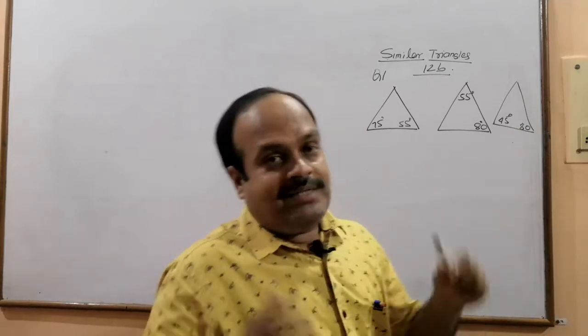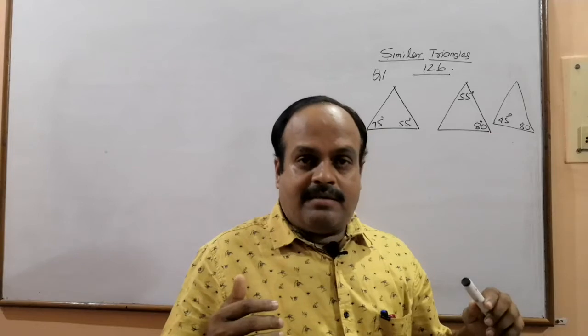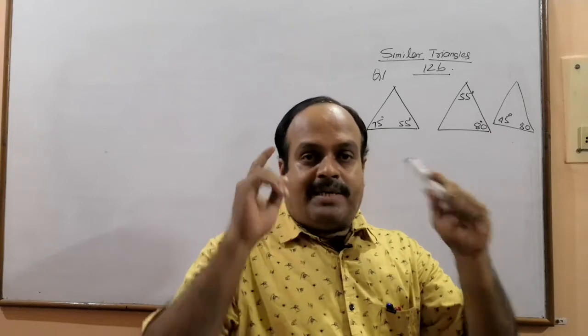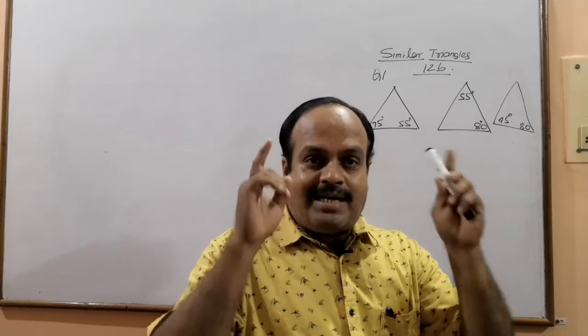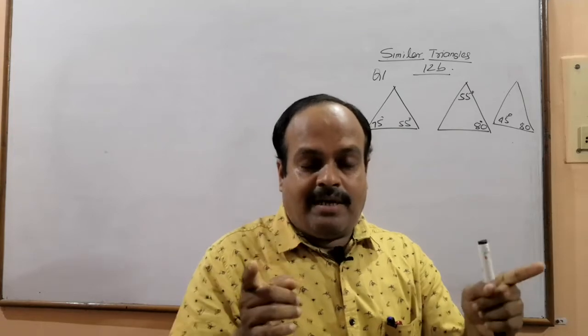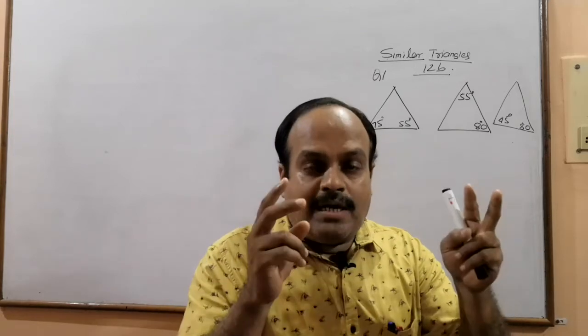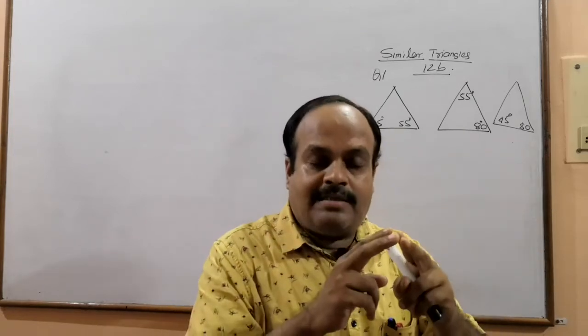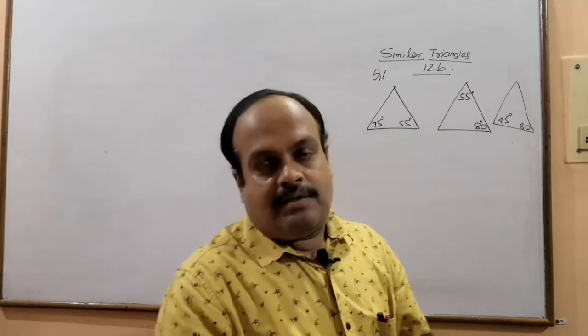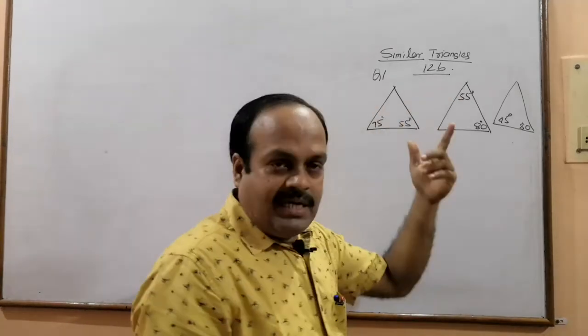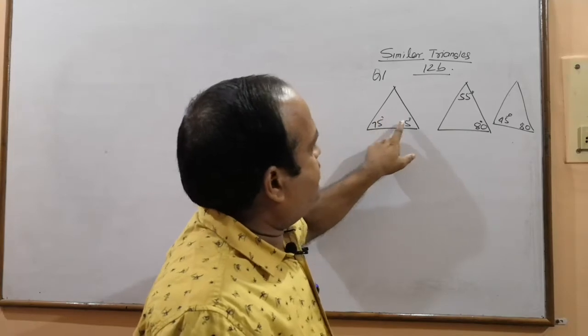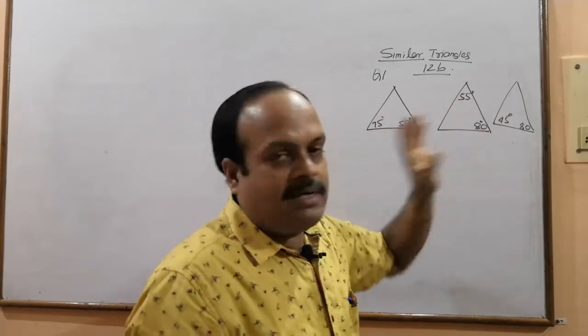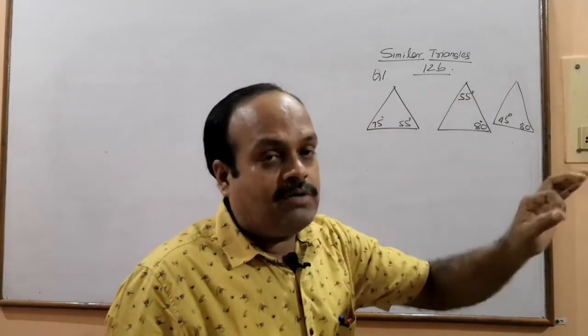So, as I told you, when the angles of the triangles are given, on the basis of the angles, we can say the triangles are similar only when at least 2 angles of the triangles are equal. So, let us see 75, 55. Do we have 75, 55? No. Let us calculate the third one also.